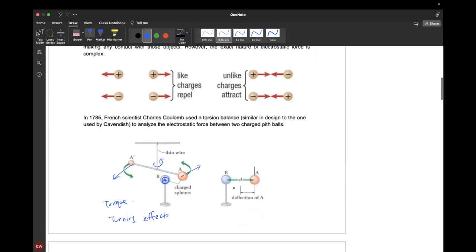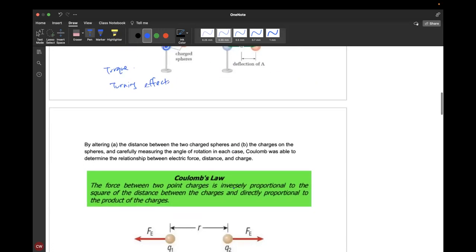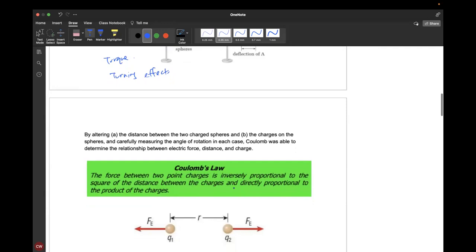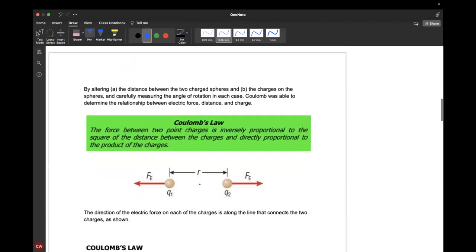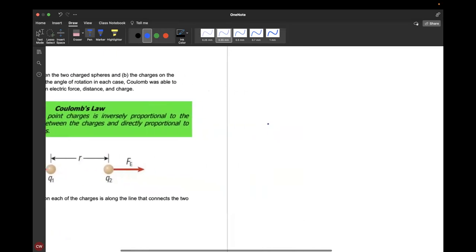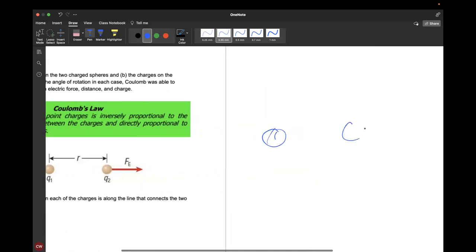This is talking about history again. Varying the distance between them and the charge, measuring the angle of rotation. In each case, Coulomb was able to determine the relationship between the electric force, distance, and the charge. So we need to pay attention to this formula. When you have two charges, this charge 1 and this charge 2, the force between them may be repulsive.